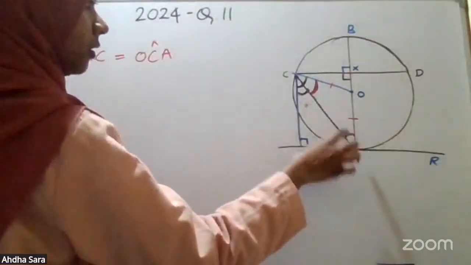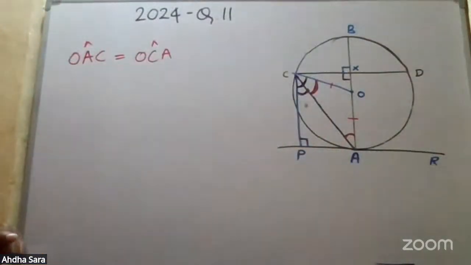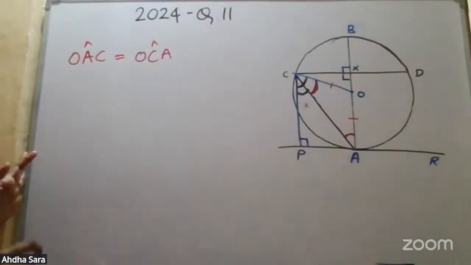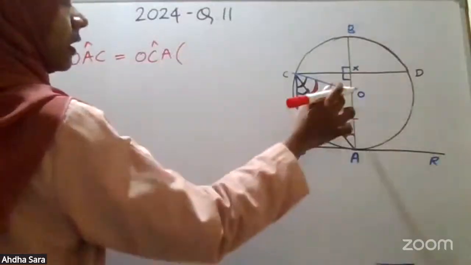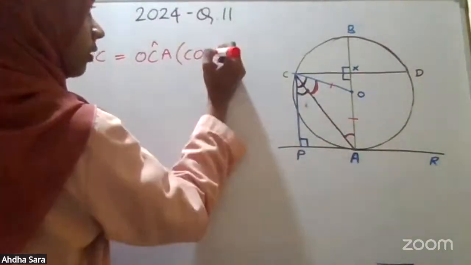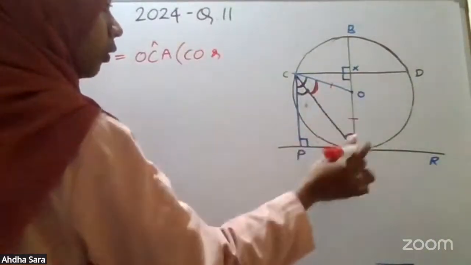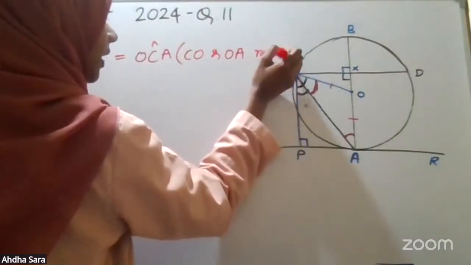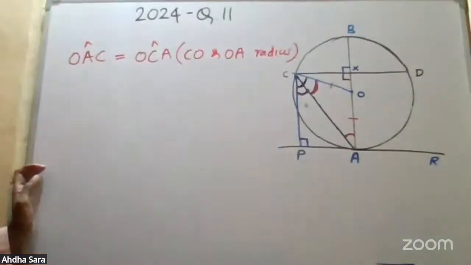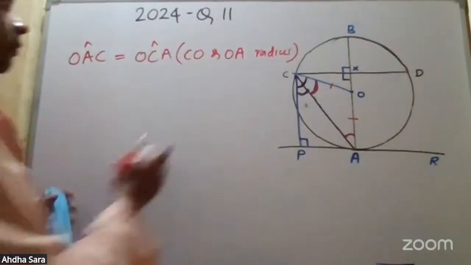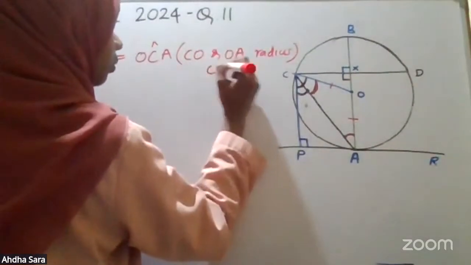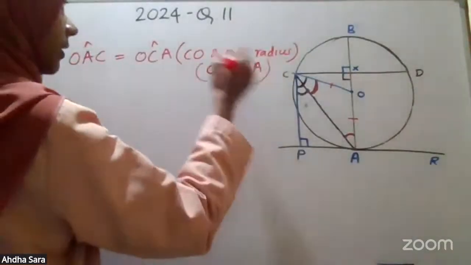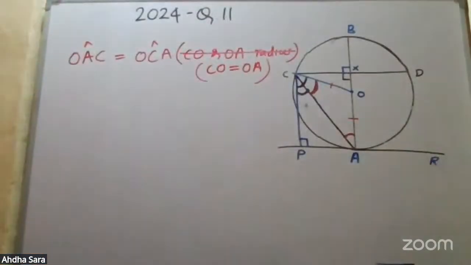The reason: CO and OA are radii. You can write CO equals OA as a reason.